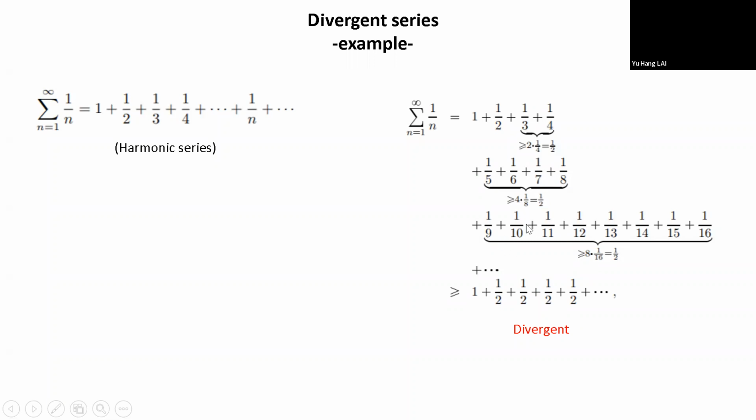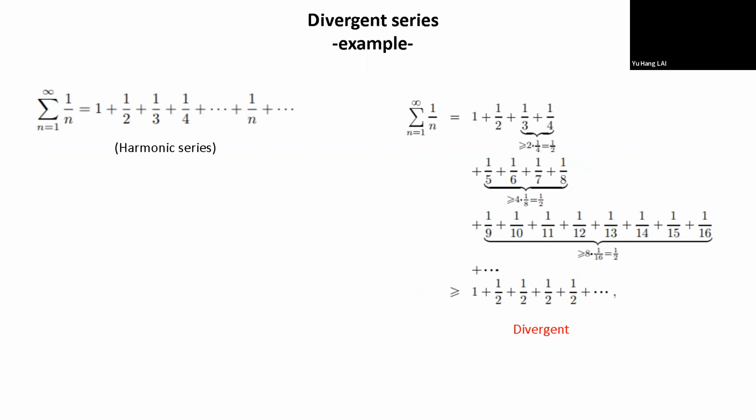Then I group the 8 terms together, and again it has to be greater than taking the last, smallest term and adding it to itself 8 times. So after grouping, the first group gives you 1/2, the second group gives you 1/2, the third group gives you 1/2, and you need to do it over and over again.